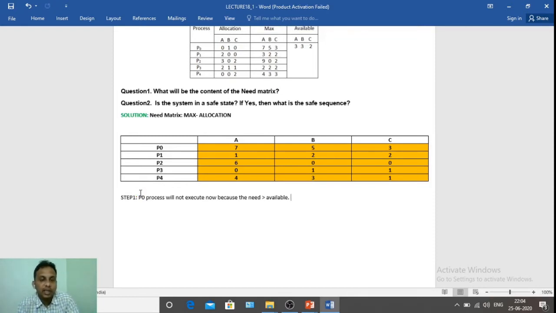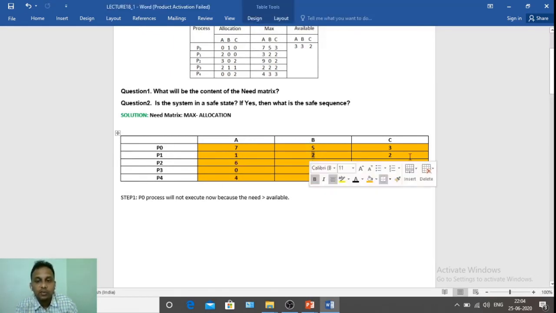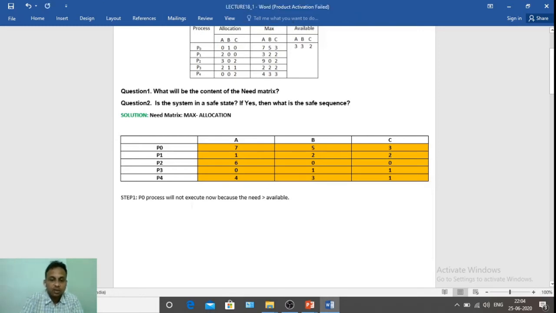Next we will check whether P1 process can be executed or not. As you can see, the resources required for P1: A resource required 1, B resource required 2, C required 2, that is 1, 2, 2, and the available is 3, 3, 2. So P1 process can easily be executed. So we can say that P1 process can execute now.